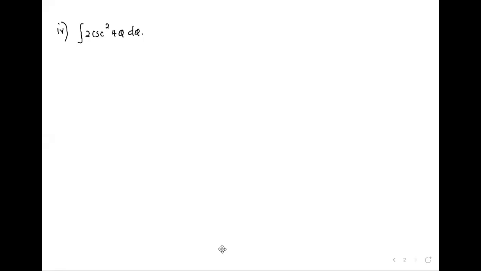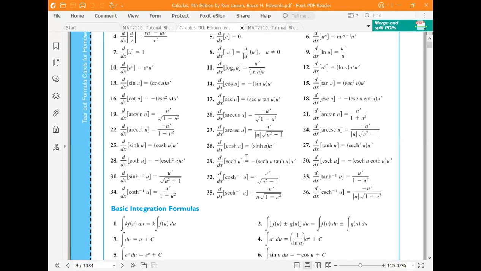Cot theta, cos theta. Okay, let me show some people where those things are found. Here is where most of them are coming from.